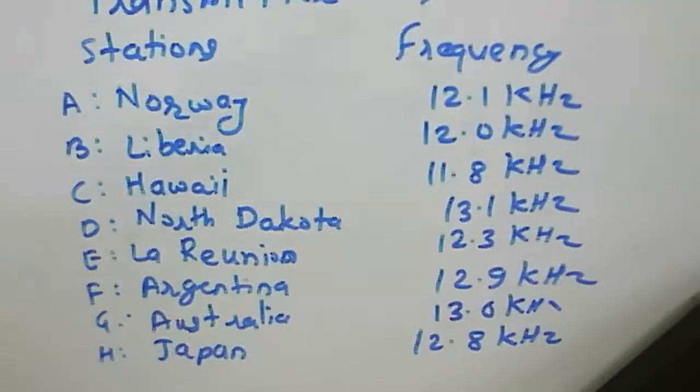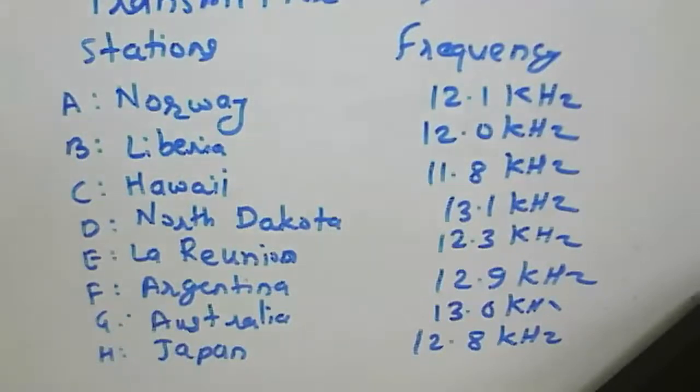The navigator or marine user can receive the signal from any pair of stations, and from the pair of station signals received by the marine receiver, they can find out their location.